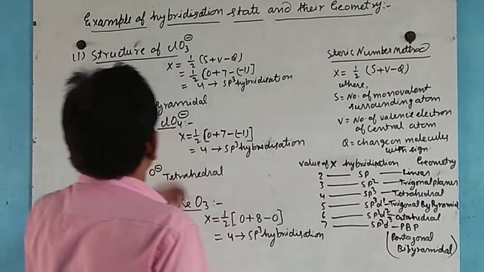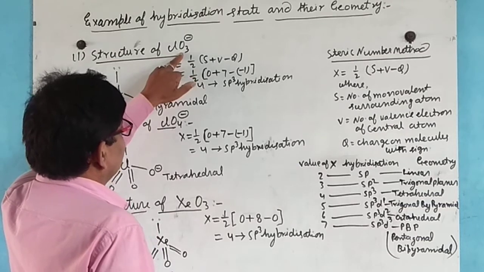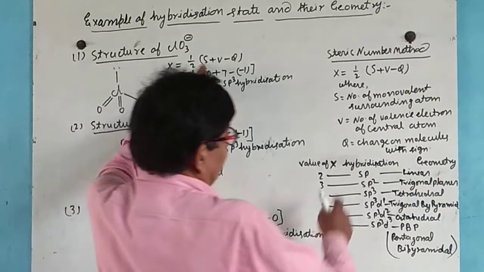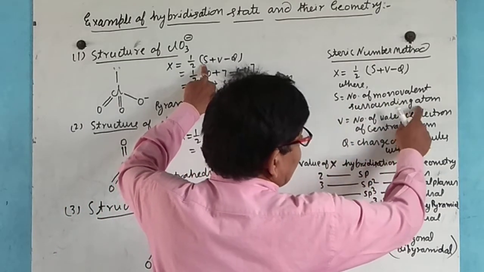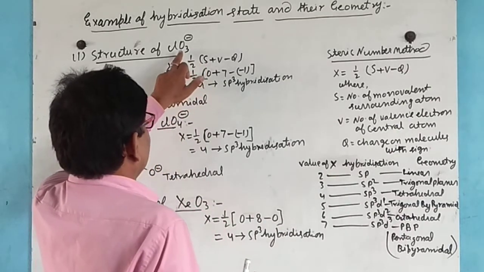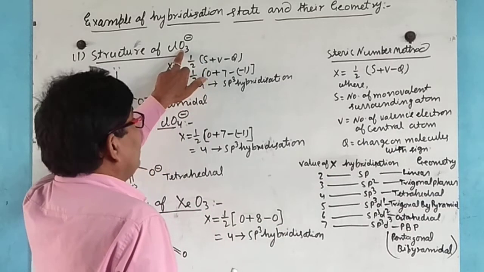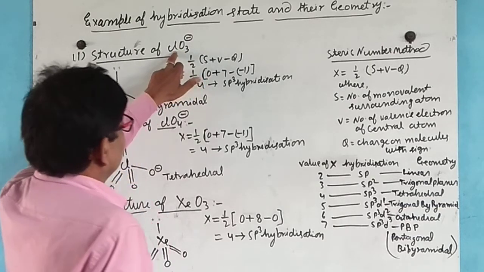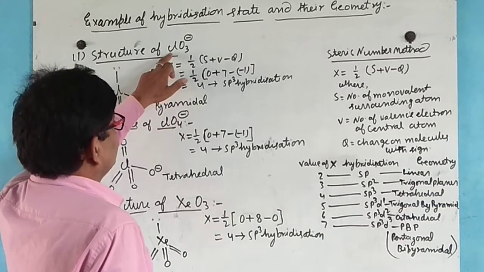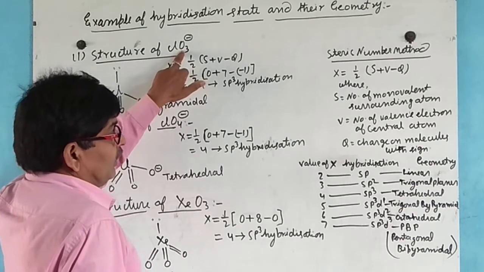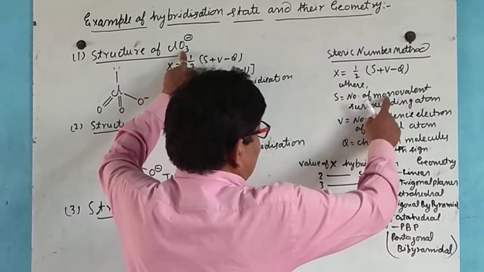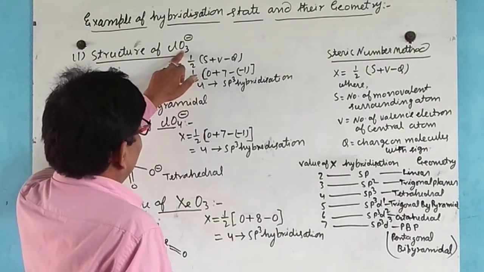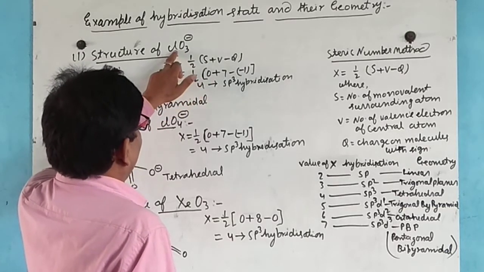In this case, the structure of ClO3-. Here S is the number of monovalent surrounding atoms. The surrounding atoms are oxygen. O3 are the surrounding atoms, but oxygen is divalent, so the value of S equals 0.